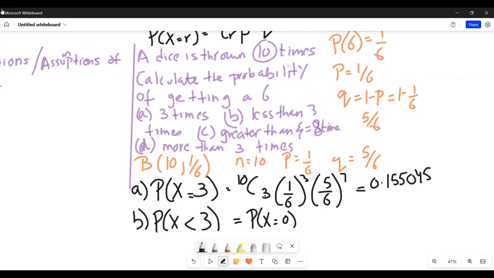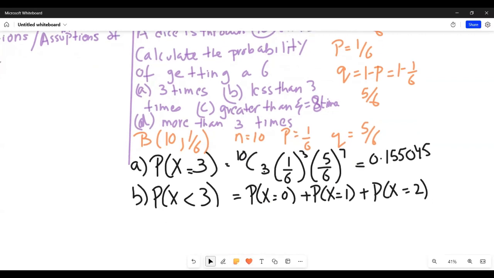You do not get any 6 in the 10 throws. Or you just get one 6 in those 10 throws. Or you get two 6s in those 10 throws. So you have to find all these probabilities and add them. So probability X is less than 3 would be probability 0 or probability 1 or probability 2.